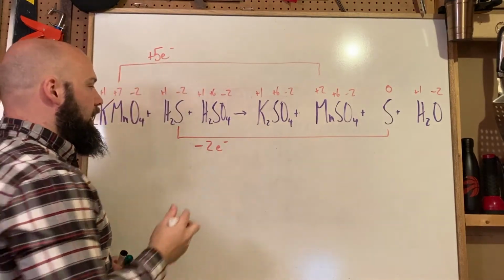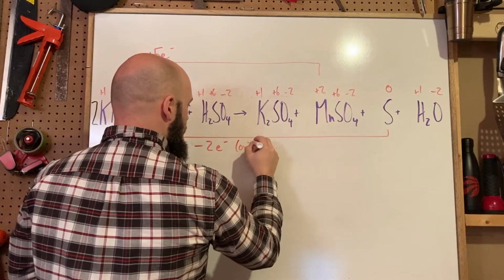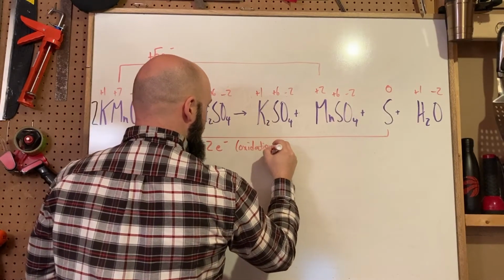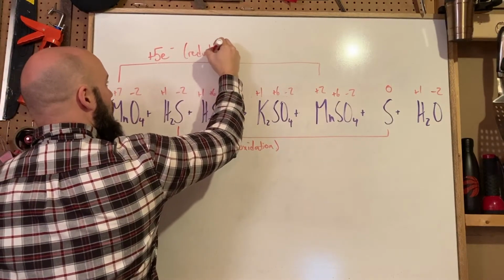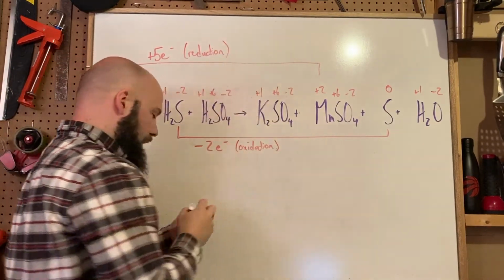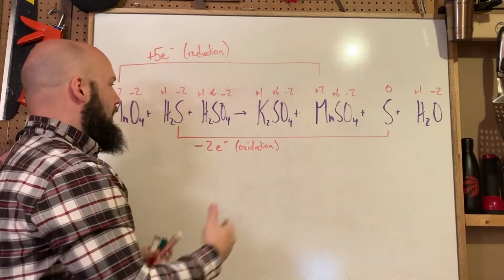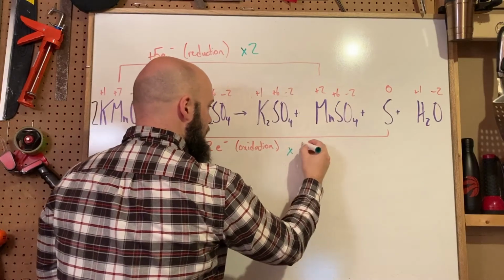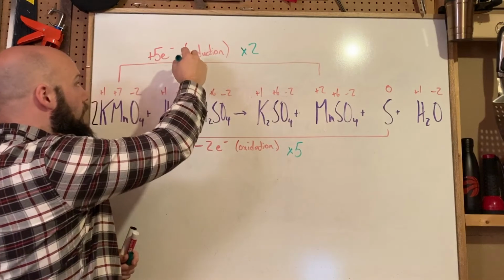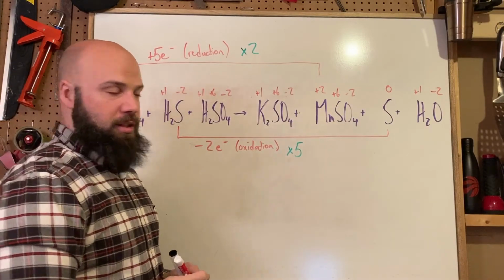So the losing of electrons is oxidation, and the gaining of electrons is reduction. We now have our oxidation and reduction half reactions locked in. This will have to be ×2, and this will have to be ×5 to make 10 electrons reduced and 10 electrons oxidized.